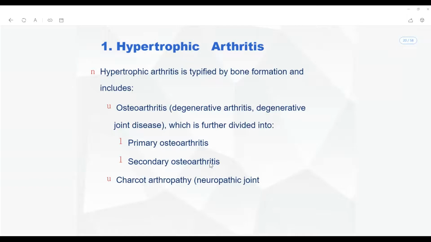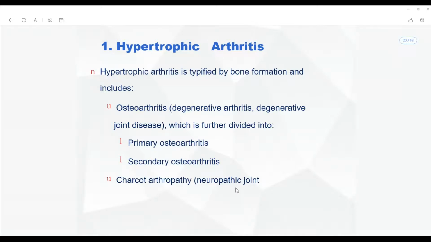At the same time, the patient is also going to complain of neuropathic pain, or a sensitivity, or a sharp tenderness along the joint. Such a condition is called Charcot joints. Charcot joints are a very characteristic feature of Charcot arthropathy, which is neuropathic pain in the joint.